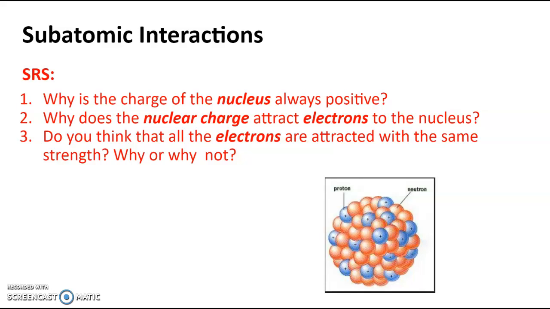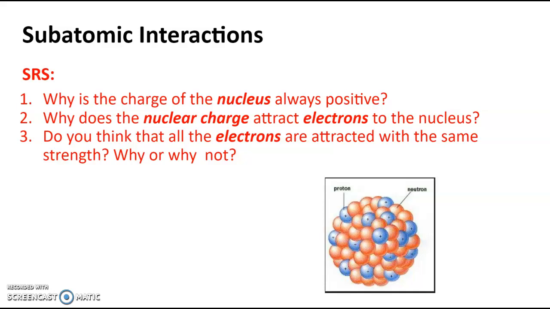Do you think all electrons are attracted with the same strength? So this is comparing like maybe the inside electrons to the outside electrons, and the inside electrons are much more strongly attracted because they're closer to the nucleus.